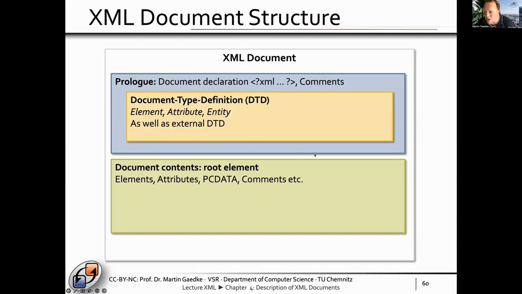Here's a question in the chat. Maybe you already announced it, but why is there a question mark in the doc declaration? Well, I haven't announced that, and that's a good question actually. Why do they use a question mark here?